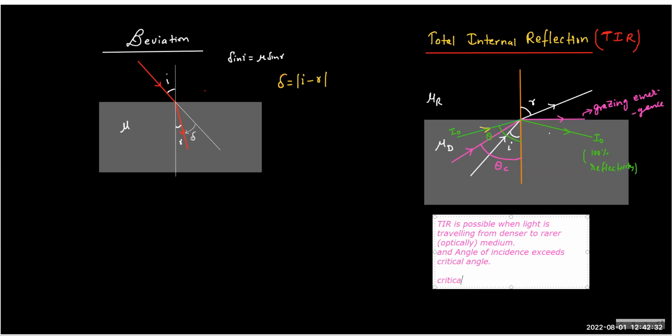What is critical angle? Critical angle is the angle of incidence for which the emergent ray grazes the interface, which means it is refraction and we call it grazing emergence.